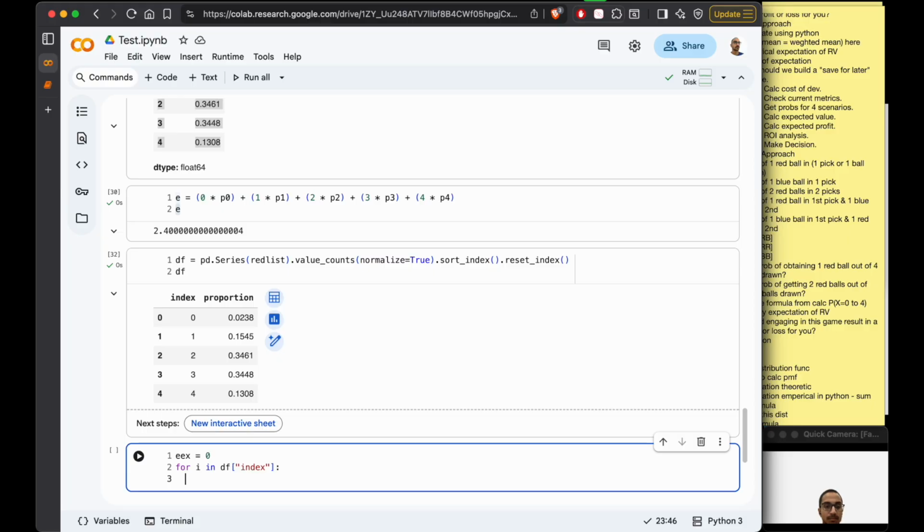So EE, empirical expected value, plus equals the index, which is I, times the proportion.